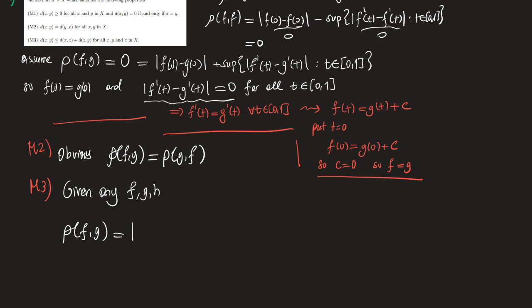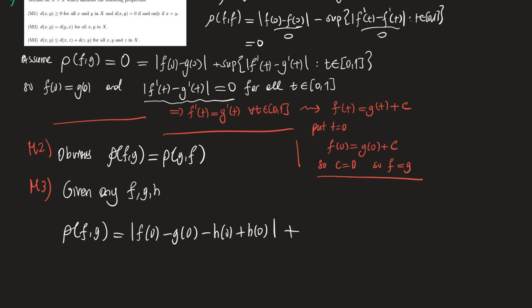I'm just going to write the definition: f(0) minus g(0), but let me add h(0) and subtract it again, so I don't change anything. This is still 0, I get the same definition.